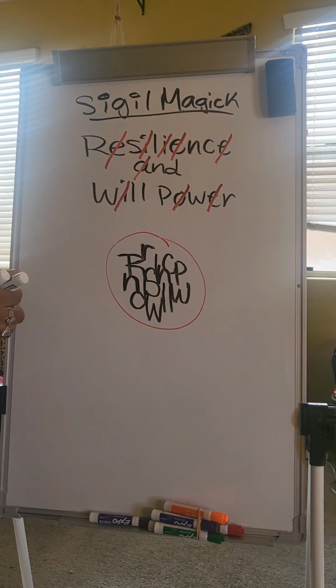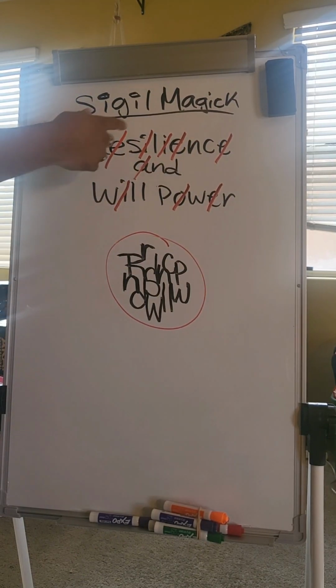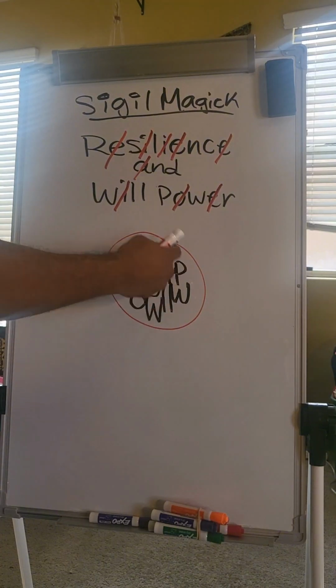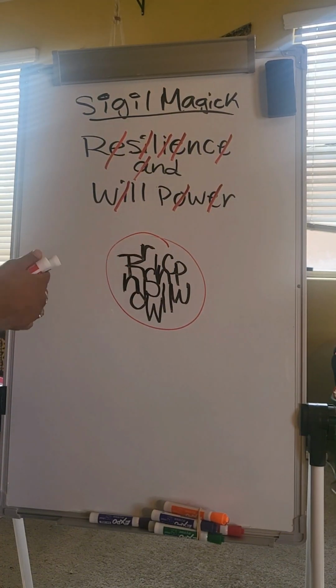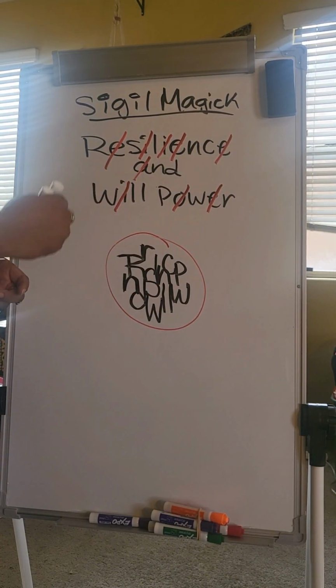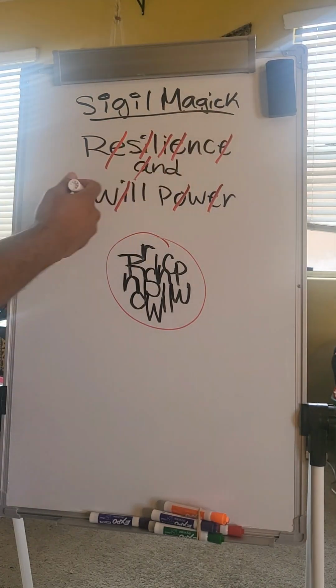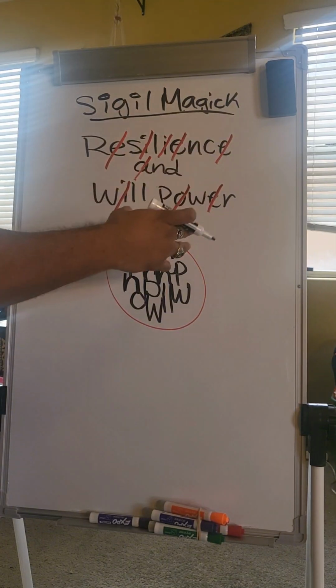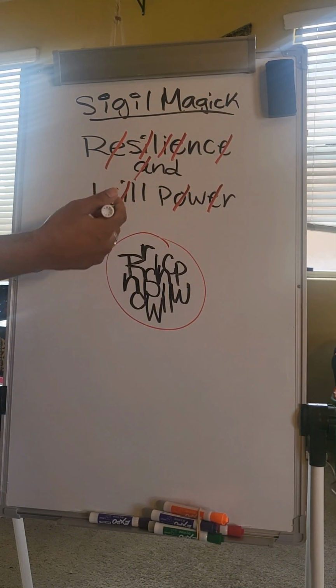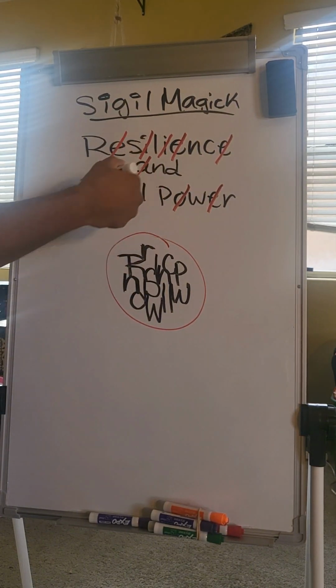So that's what this is dealing with. So if we were to say, hey, we're going to make something that goes along with these remaining letters to program into our subconscious as a sigil, we could go ahead and figure out what symbol along with this would represent this.